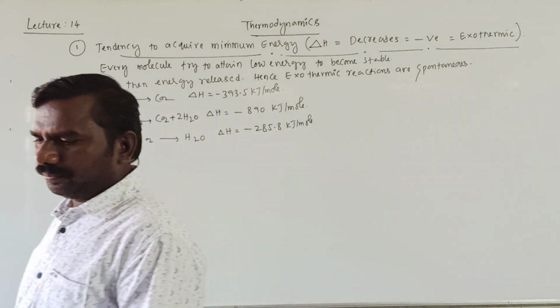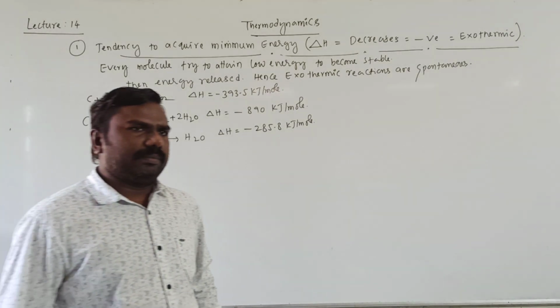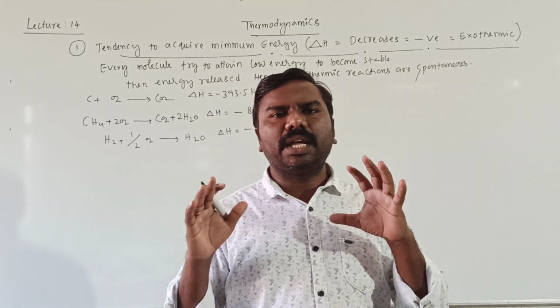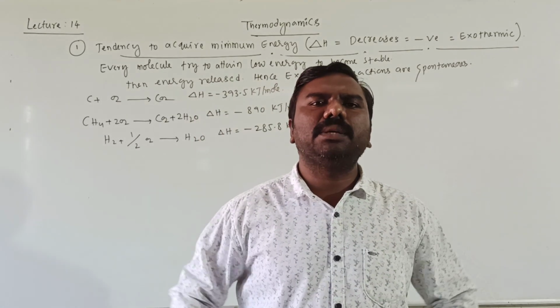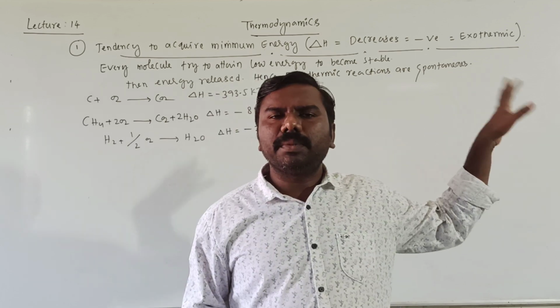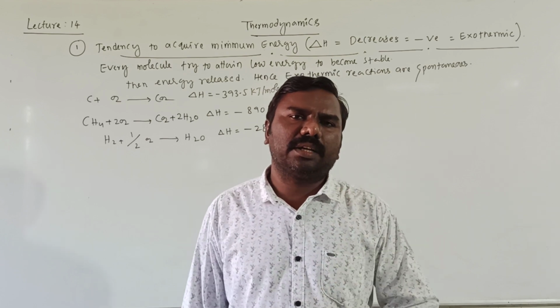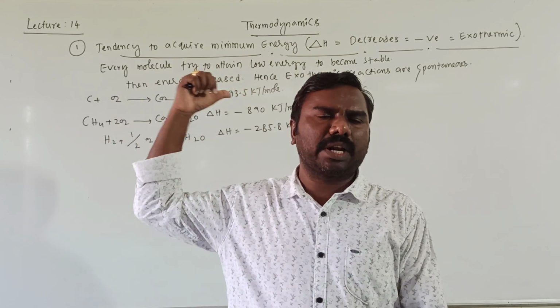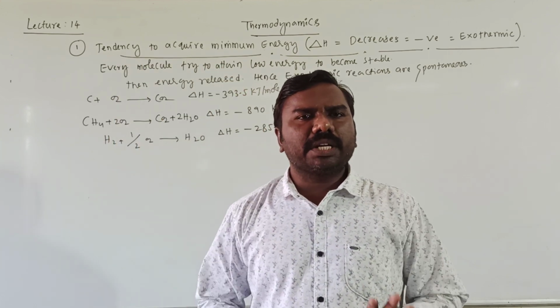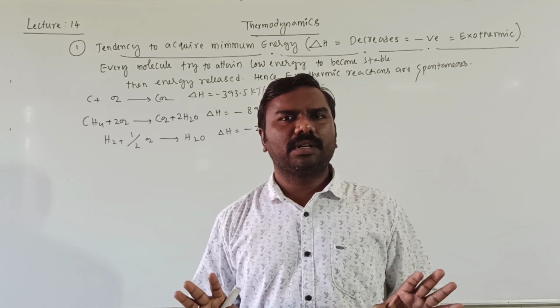So now limitations are, as I told you, delta H is minimum. Minimum means low energy. Minimum means releasing. It means negative, exothermic. But limitations are there for this nature of driving force. Few reactions are endothermic but spontaneous, right?